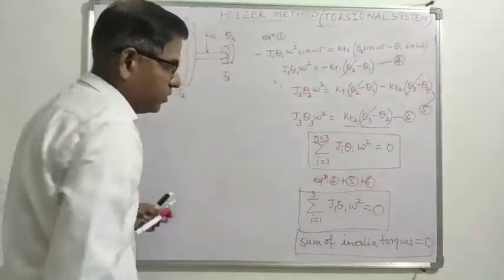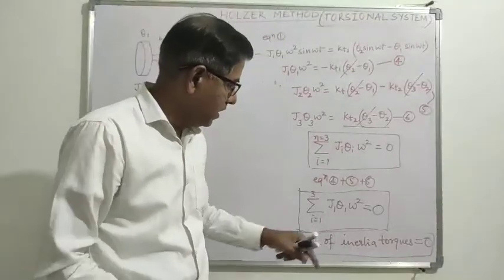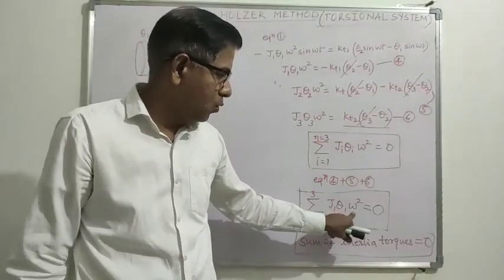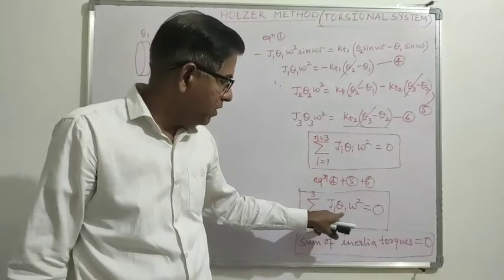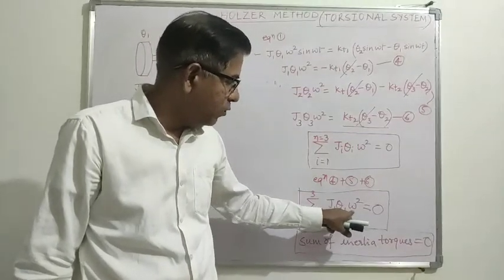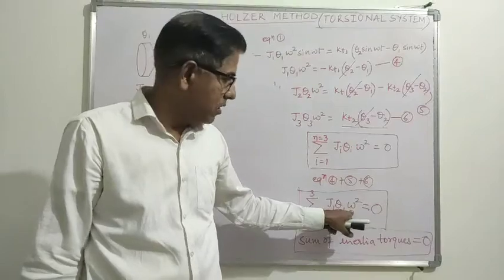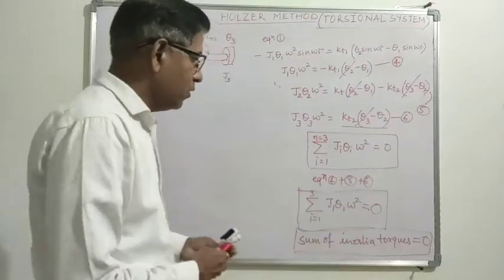Now here in this equation, if you know the values of J1 and theta 1, then you can find out the natural frequency.